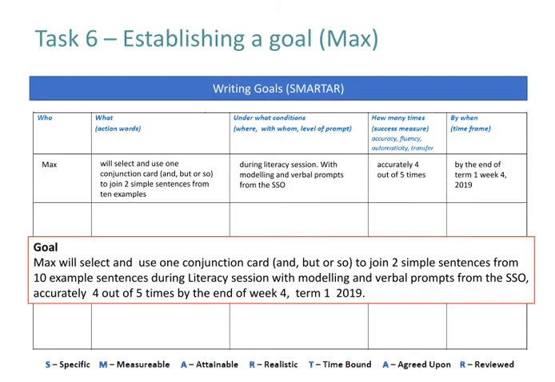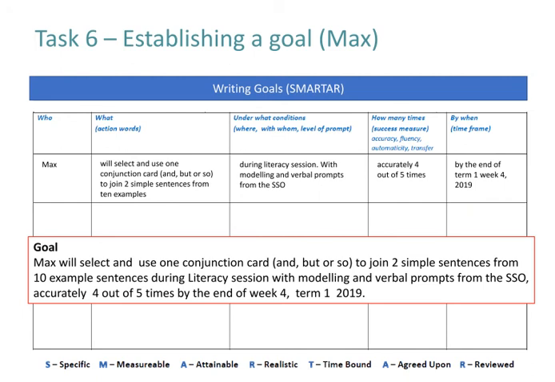A template is provided to support you in the writing of a goal SMARTAR. You begin by naming the student as the one engaging in the action, followed by the observable and measurable action, behaviour. The next step is to specify the context or the conditions under which the action will be performed.